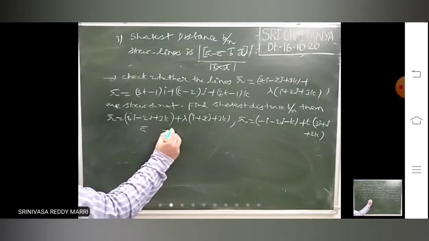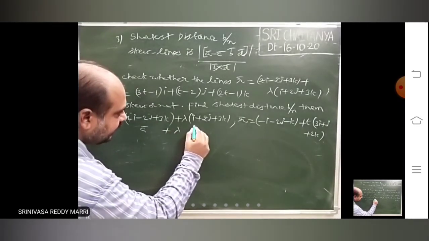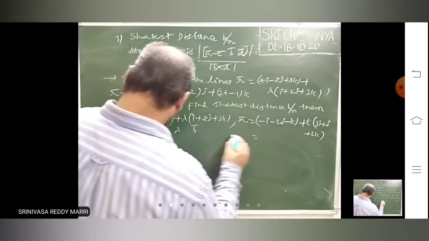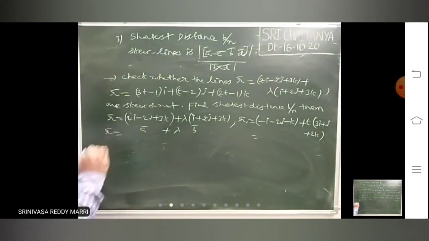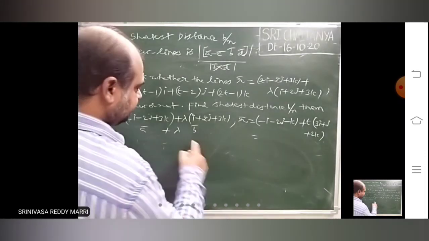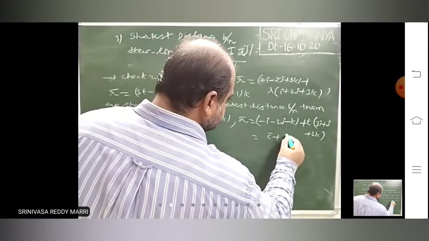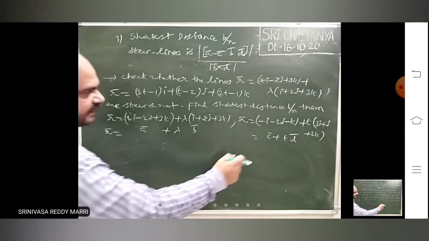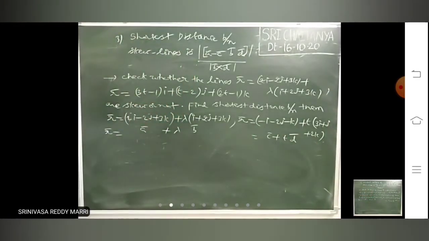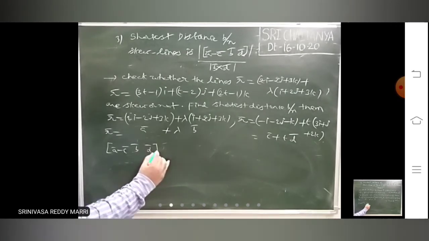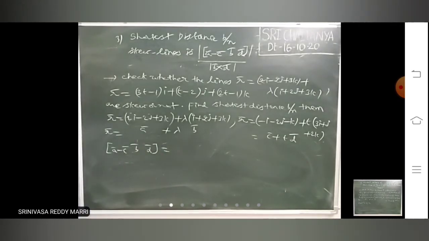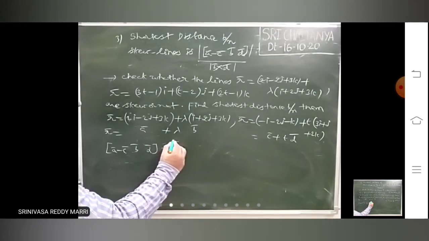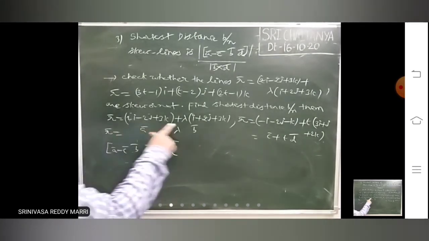Now this is A bar. I told the formula: the first one is A bar, B bar, and the second one compare with it. R bar equals A bar plus lambda B bar, C bar plus t D bar. Now A bar is this vector, B bar is this vector, C bar is this vector, D bar is this vector. Now you have to check whether skew or not. First calculate the scalar triple product of A bar minus C bar, B bar, D bar. A bar is this and C bar is this.